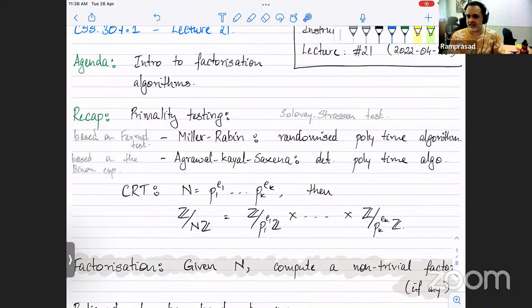I'm given a number n, and I am asked to compute a non-trivial factor if there is any. We'll always assume that we are given a composite number, because if we are given a prime number, we'll run one of the earlier algorithms, convince ourselves that the number is prime and just say bye. So we're going to focus on the fact that I'm given a composite number, I'm told there are non-trivial factorizations, and we want to find one.